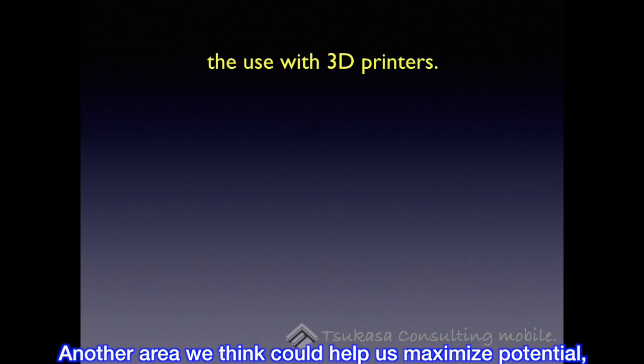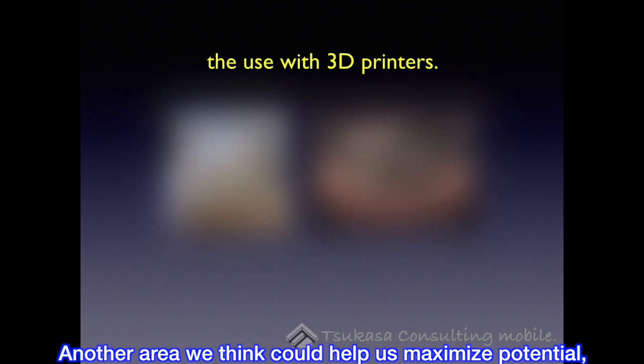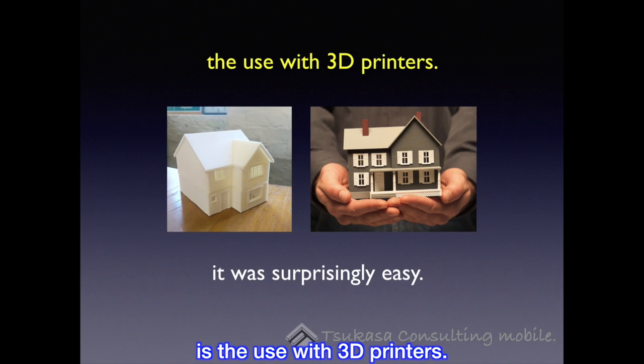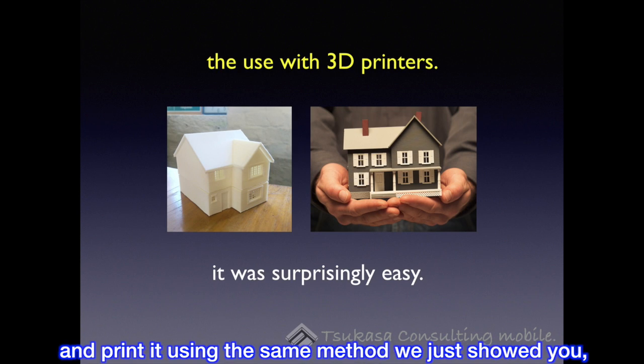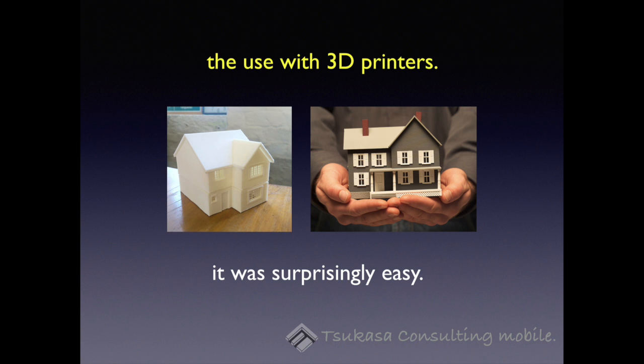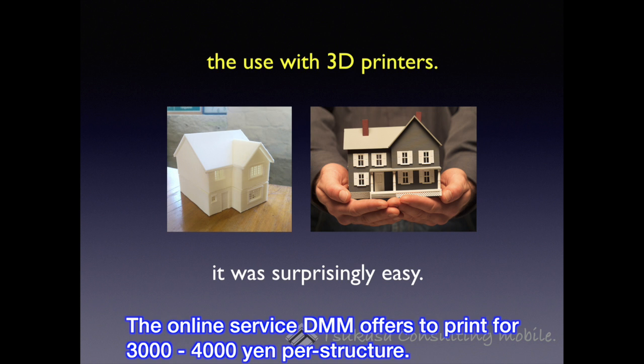Another area we think could help us maximize potential is the use of 3D printers, when we attempt to modify the model and print it using the same method we just showed you. It was surprisingly easy. The online service DMM offers to print for 3,000–4,000 yen per structure.